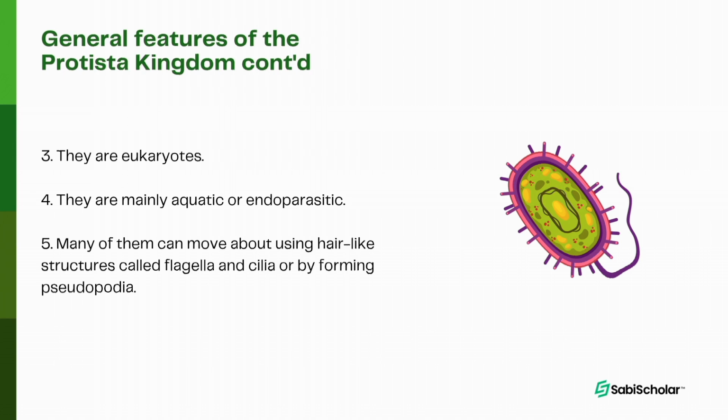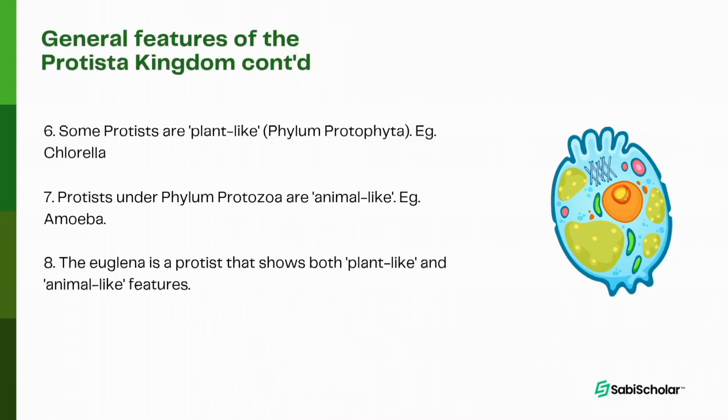A very striking feature in the Protista kingdom is that some protists behave plant-like. These organisms are the ones that are grouped under the Protophyta. Why we say that they are plant-like is because they have a cellulose cell wall and also have chloroplasts.